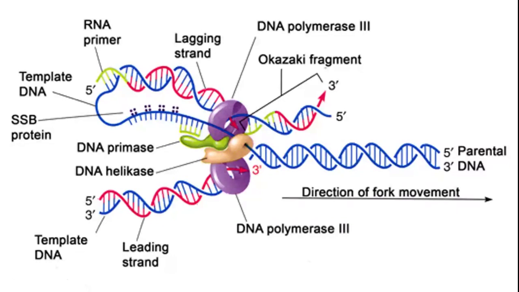So what happens in this instance is that small fragments of RNA, laid by the RNA primase, will be put down, as you are seeing here. The green color here is the RNA primer. When they are laid, they continue to synthesize, and by the time they get to the next RNA primer, the synthesis will stop, and this molecule will be removed.